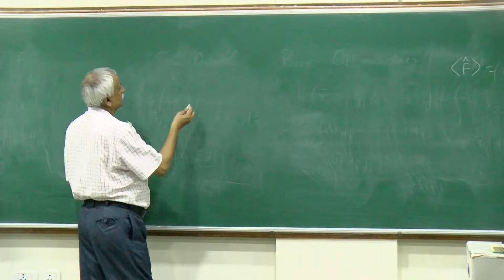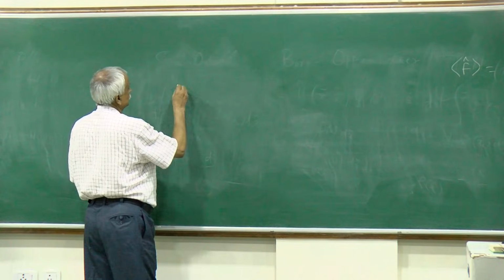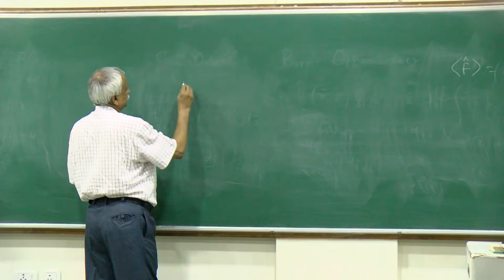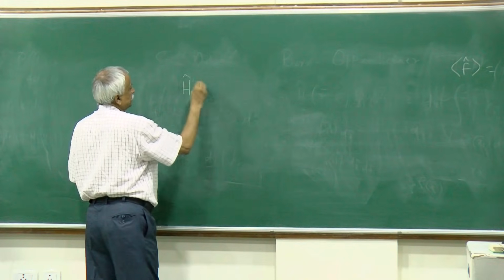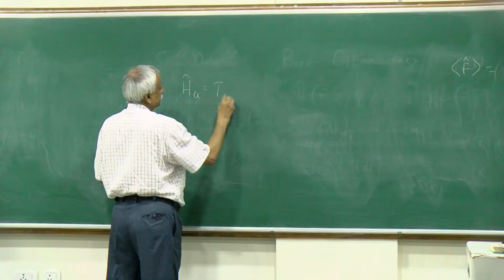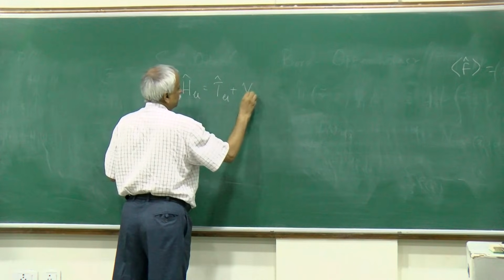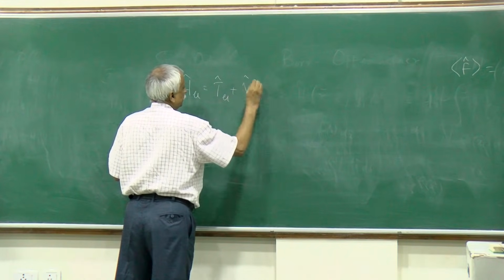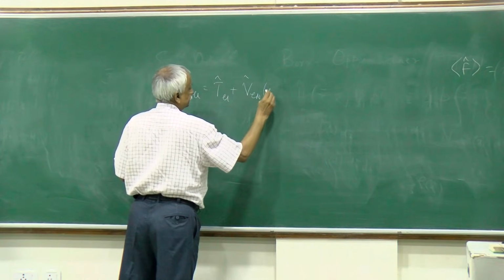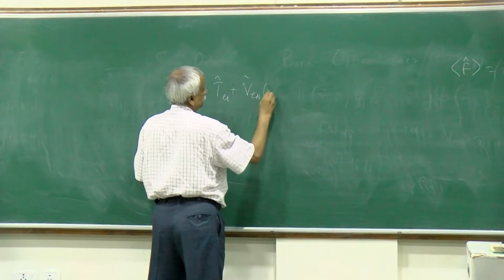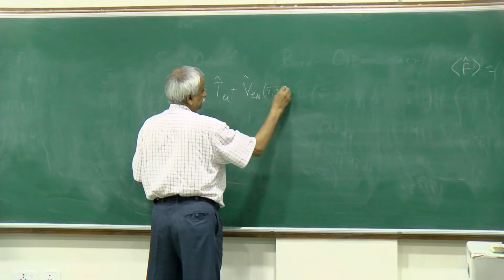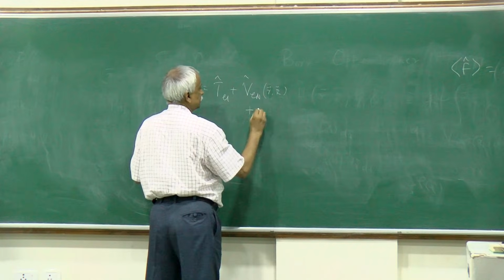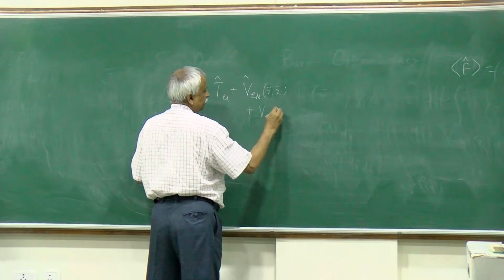You remember for the electronic Hamiltonian, you had the kinetic energy operator plus electron nuclear attraction plus electron-electron repulsion.